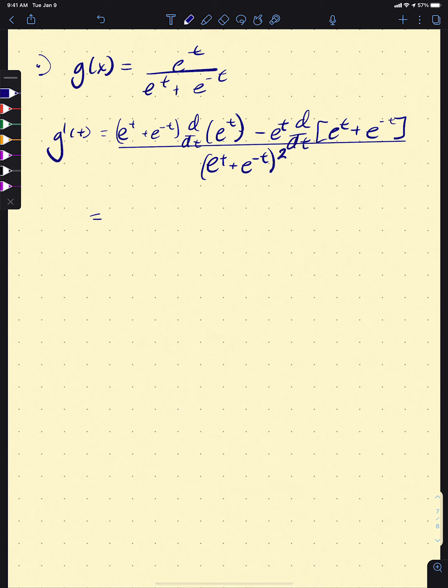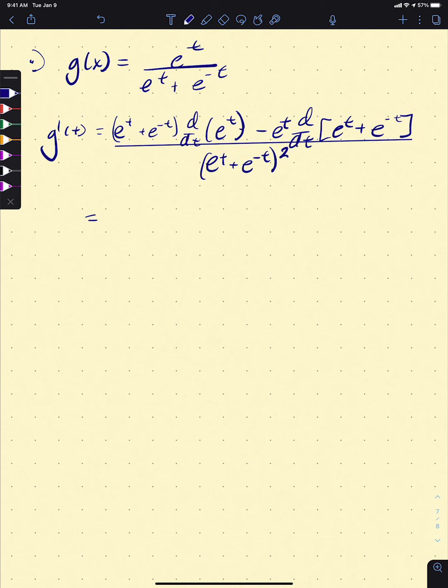And then from here, we want to slowly start to simplify. Right here, it looks like we're going to have e to the t plus e to the minus t, all times e to the t. And that's going to be minus e to the t. And then that derivative looks like it's going to be e to the t.